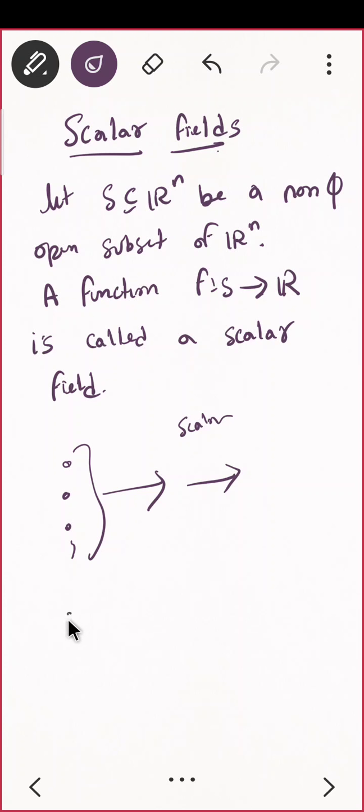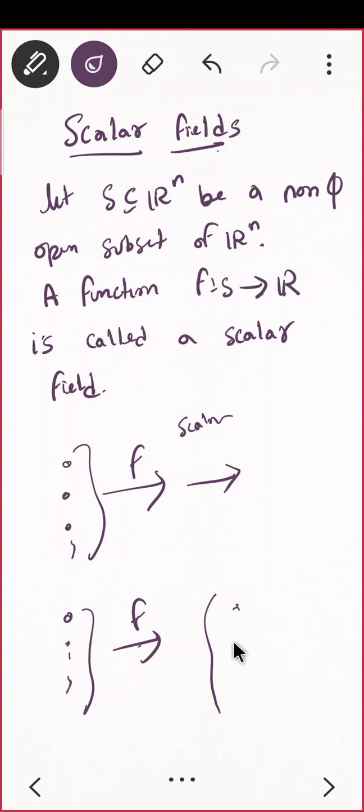But if you have n types of input, and the function, like a machine, gives more than one output, then this is a vector field. Correct?